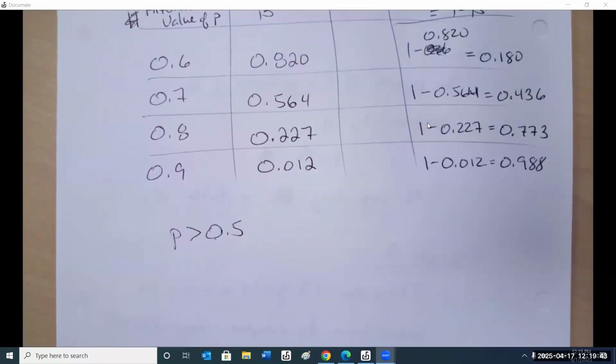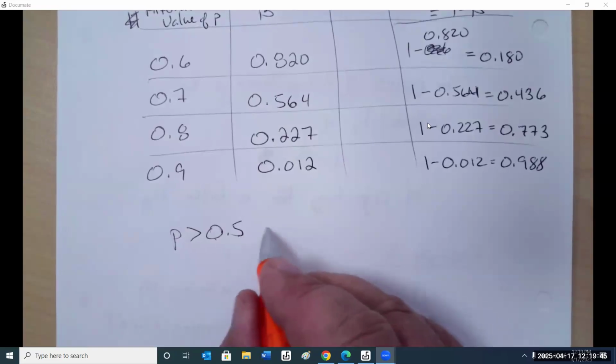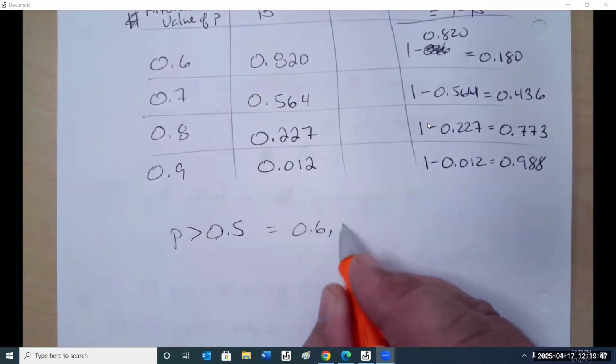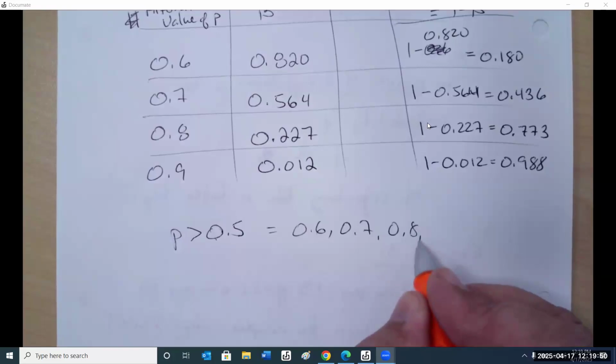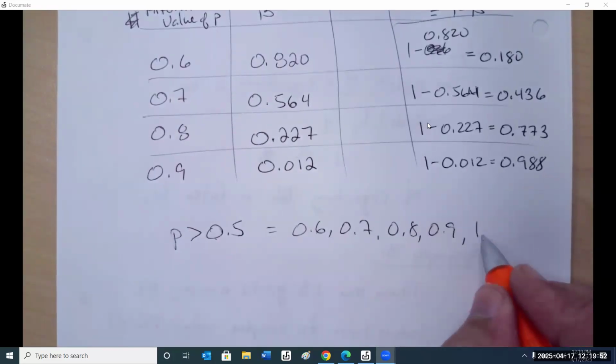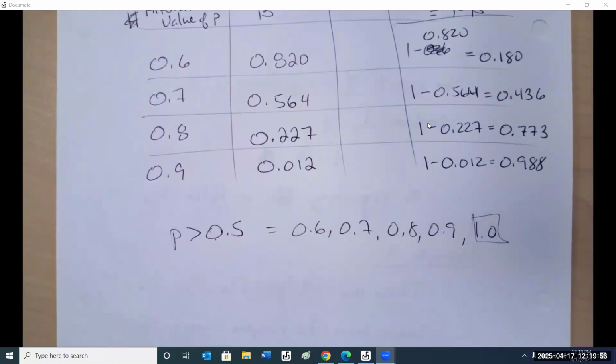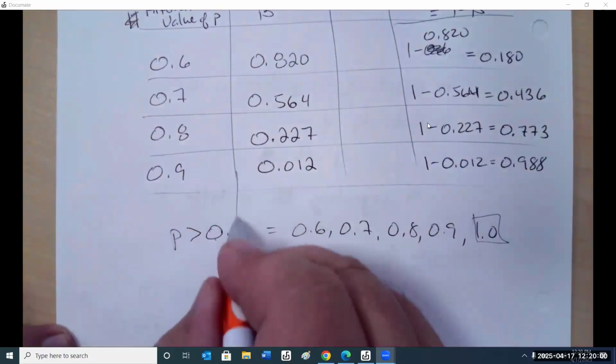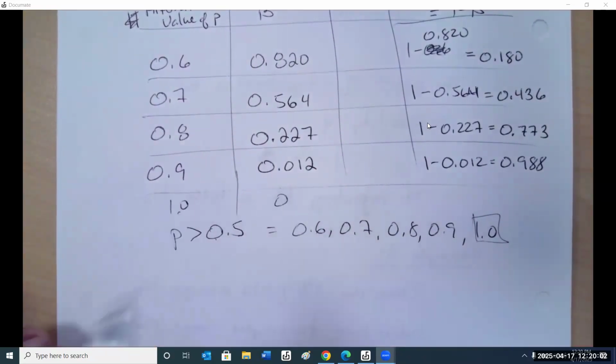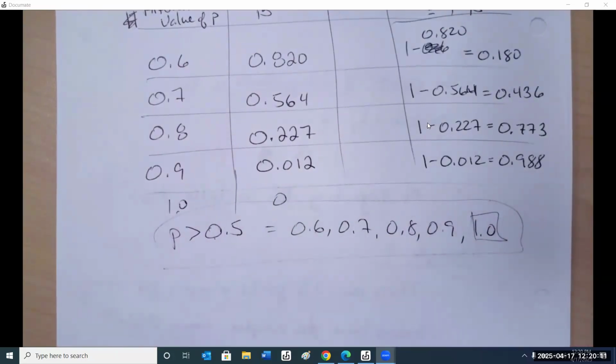What's greater than 0.5? And 1.0. Why can't we use 1.0? Well, if it was 1.0, then we get 0. So it wouldn't give us anything. So that's how we do it.